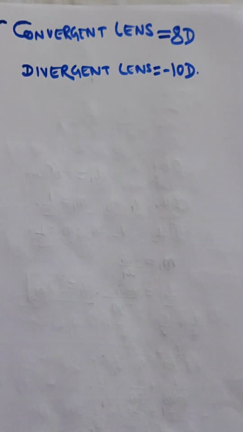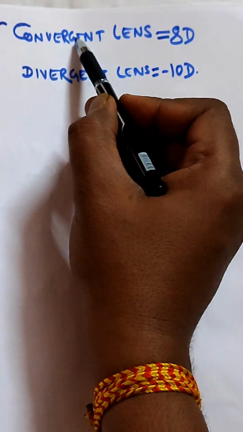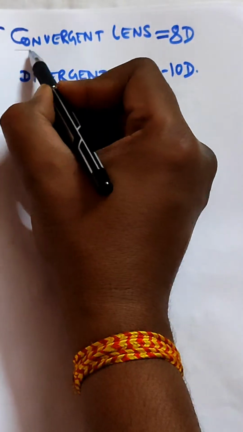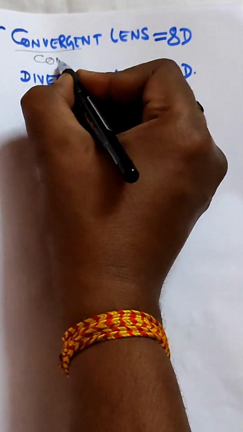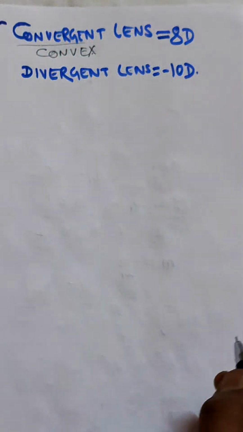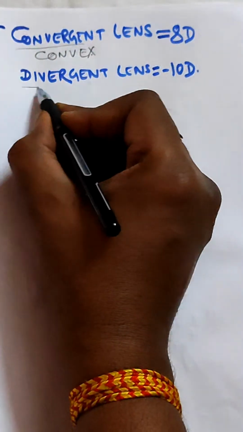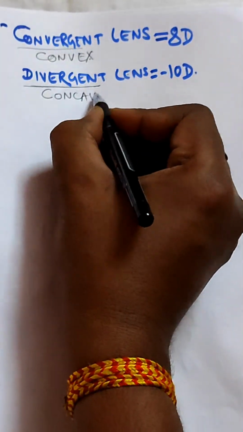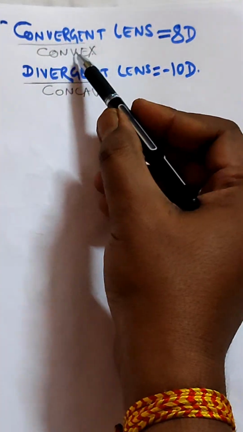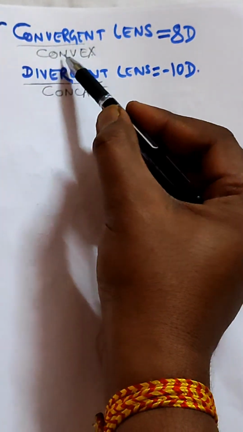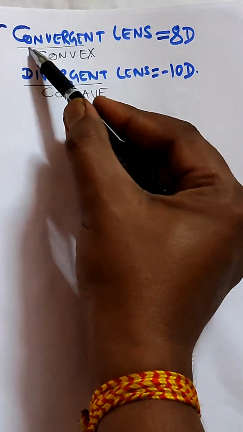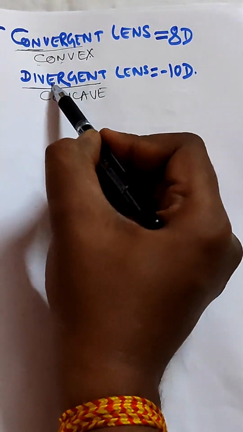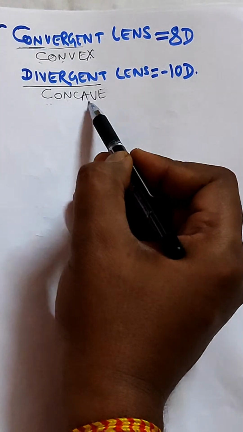You should know that a convergent lens is a convex lens, and a divergent lens is a concave lens. So remember the names: convergent, convex. You can see CON. And for divergent, remember concave, right?